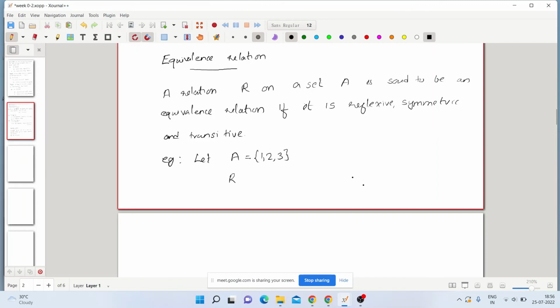Now let us see another example. We are taking f from R to R defined by f of x equals x square. First we need to check if f of x1 equals f of x2, then x1 equals x2 or not. This is our question, in order to check the one-to-one condition. Or alternatively, we need to check whether x1 not equal to x2 implies f of x1 not equal to f of x2.